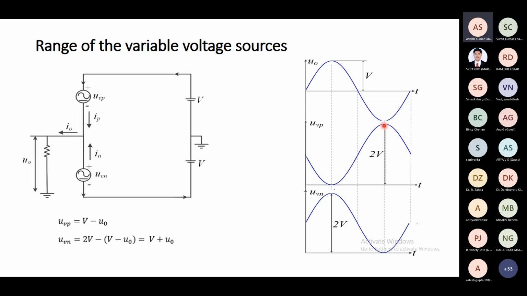And 2V is needed when we want to clamp the output to the negative DC bus, and vice versa on the other side. And always observe the sum of the upper and lower arm voltage is 2V, right? So that's how the KVL is satisfied in this loop.